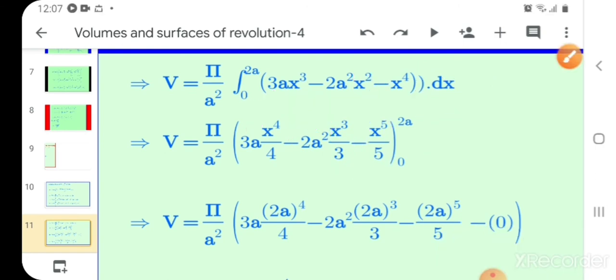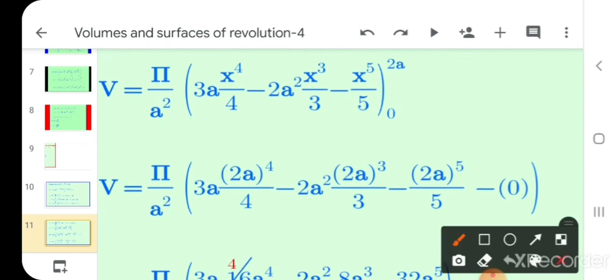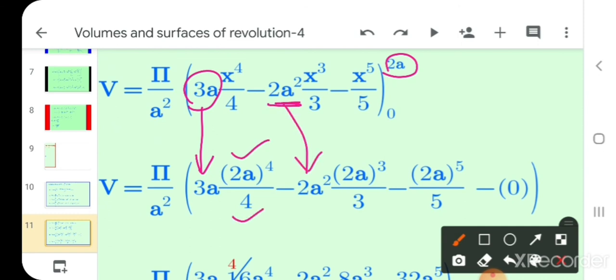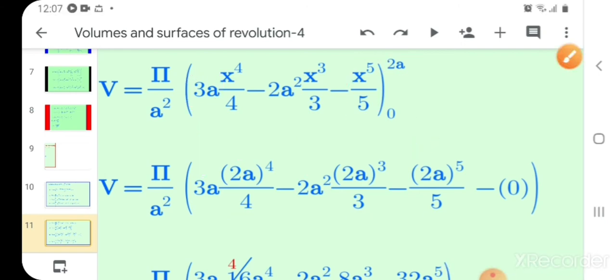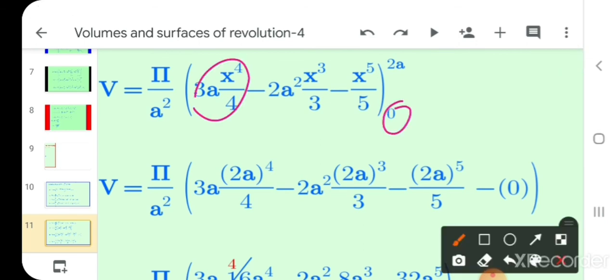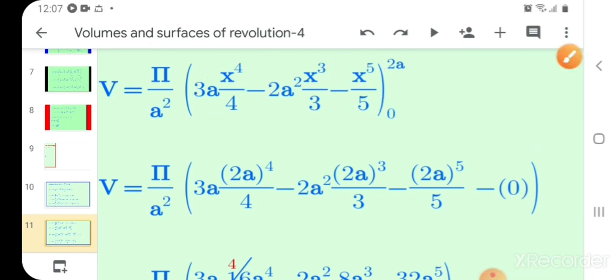First I substitute 2a in place of x: 3a same, x power 4 means (2a) power 4 by 4, minus 2a square same, x cube means (2a) cube by 3, and x power 5 by 5 means (2a) power 5 by 5. Now I substitute 0 in place of x, so all of these are 0.